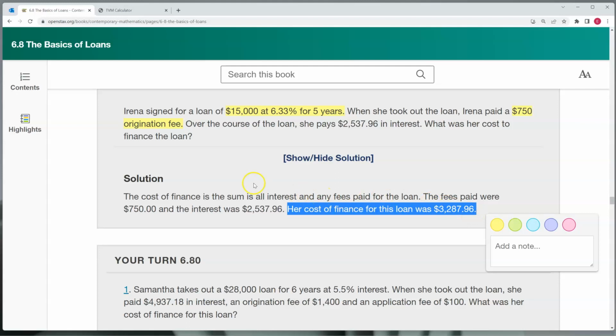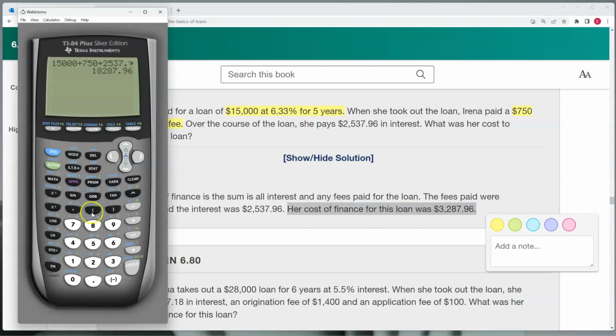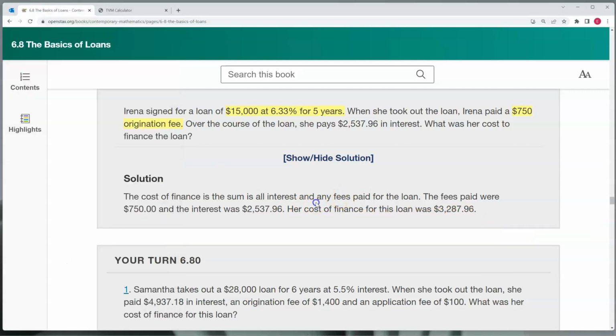That's kind of true, in that that's above the original $15,000, but in total, Arena would have paid back $18,287.96. So I think the way this is worded is a little misleading. But it's not wrong.